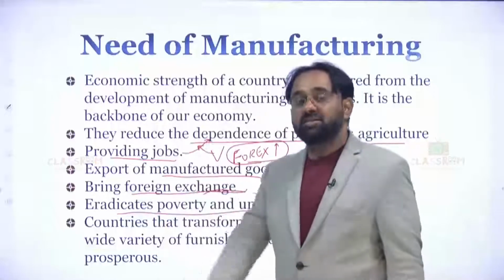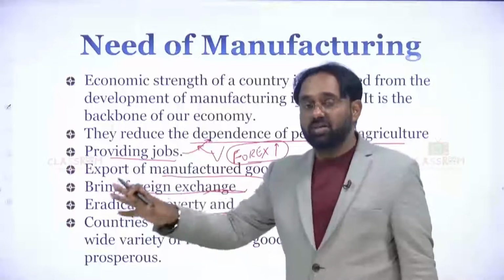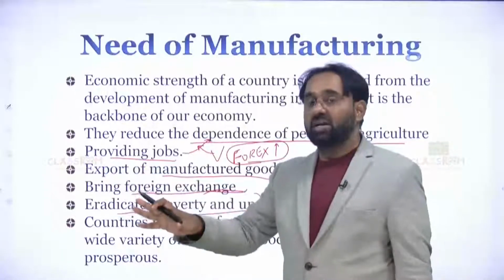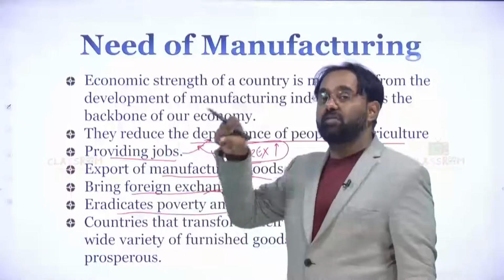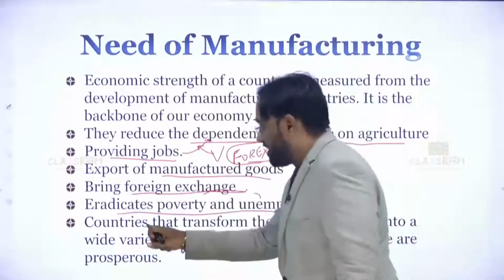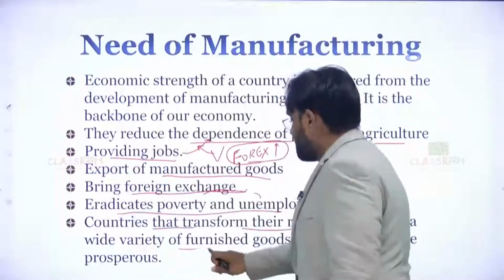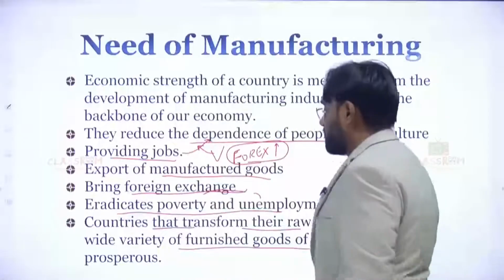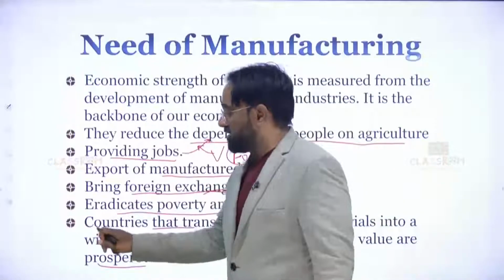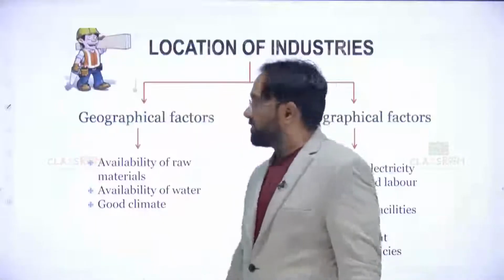This is where industry comes to our rescue. Industry provides jobs and employment, and tries to bring people out of poverty by giving them some source of income at least. Countries that transform their raw materials into a wide variety of finished goods of higher value are prosperous, mainly like China.